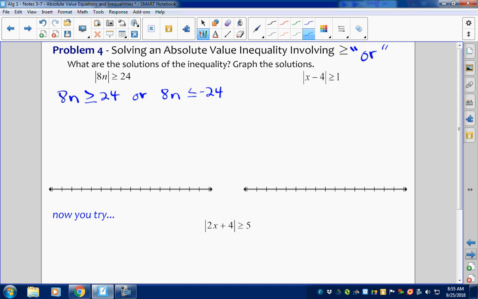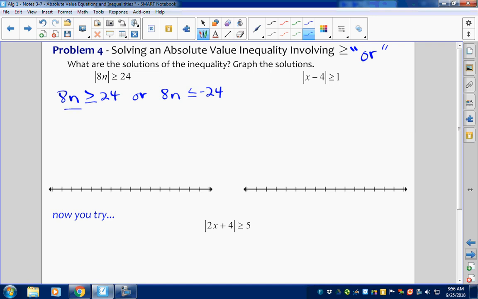So 8n is greater than or equal to 24, or 8n is less than or equal to negative 24. Then just solve this for n.